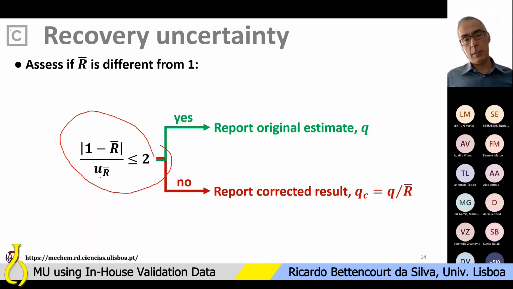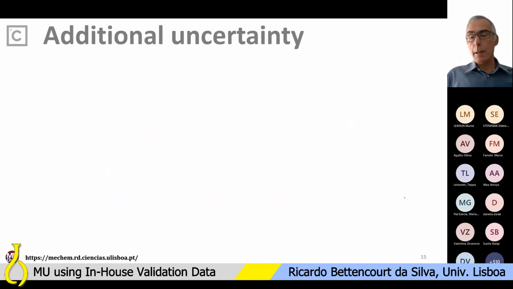If this term is smaller than 2, then your mean recovery is equivalent, I like to say metrologically equivalent, to 100%, and therefore we don't need to correct the original result for recovery. If this condition fails, you should correct the result for recovery by dividing the original measurement by the mean recovery, and you get your corrected result.